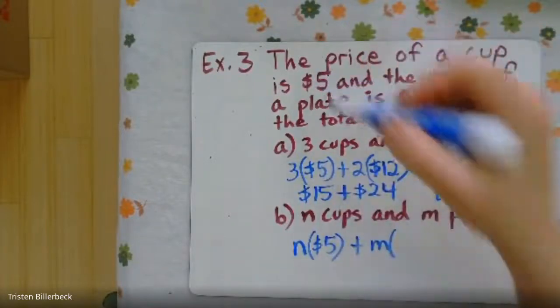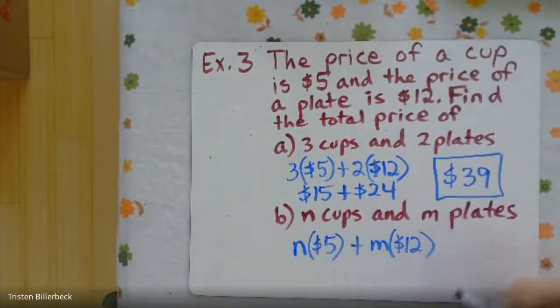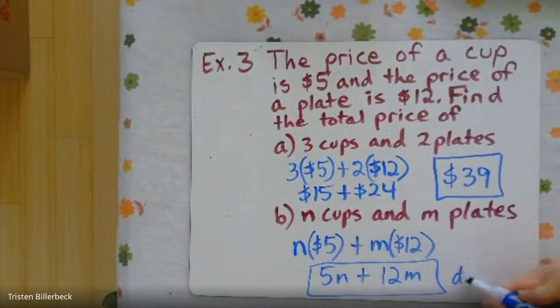So the cups are $5 and the plates are $12. So if we want to write this as an algebraic expression, then we'd write 5n plus 12m, because we write the coefficient before the letter. That's very important. Okay, so that's our algebraic expression, and it'll tell us the dollars.